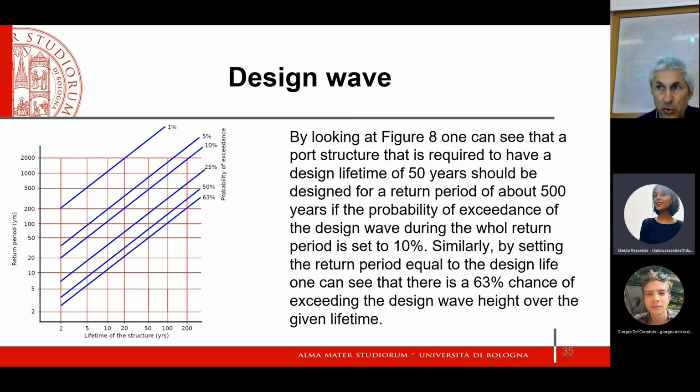And if you go to 1%, which means I want to be reasonably sure, 99% sure, that during the lifetime that event doesn't occur, with a lifetime of 20 years, I have to go to a return period of 2000 years. This is quite interesting, and it is something that is often overlooked.